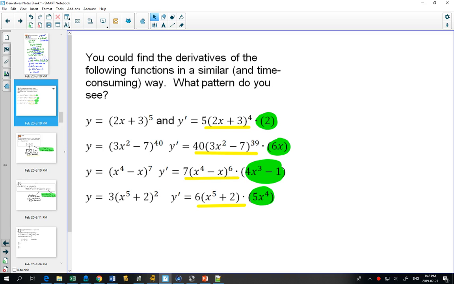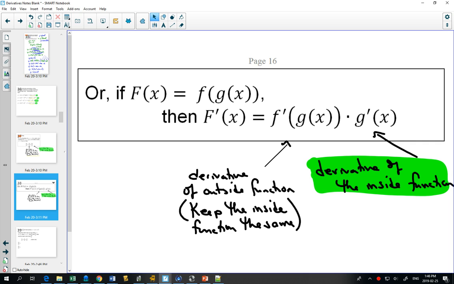So one of the things that calculus is going to do for your brain: the chain rule, which we describe as the derivative of the outside function, keep the inside the same, multiplied by the derivative of the inside function, is a rather simple rule. We can say it in under 10 seconds.